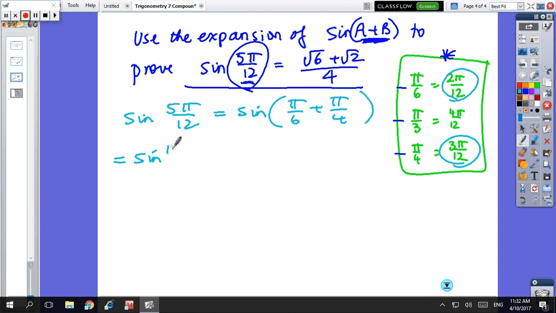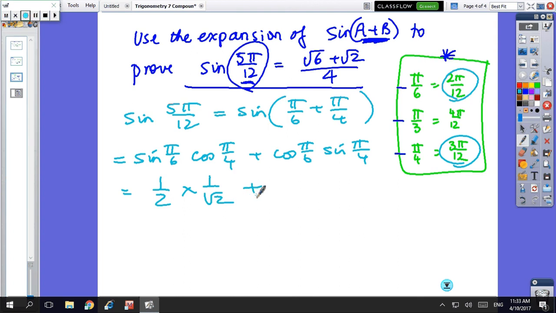So we've got sine of pi on 6 cos of pi on 4 plus cos of pi on 6 sine of pi on 4, and then sine of pi on 6 is a half, cos of pi on 4 is 1 on root 2, cos of pi on 6 is root 3 on 2, sine of pi on 4 is 1 over root 2. So we end up with 1 plus root 3 over 2 root 2. And we know that the answer has to look like that.